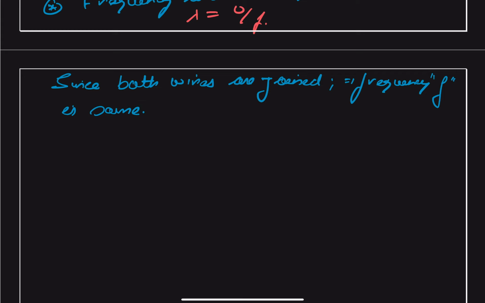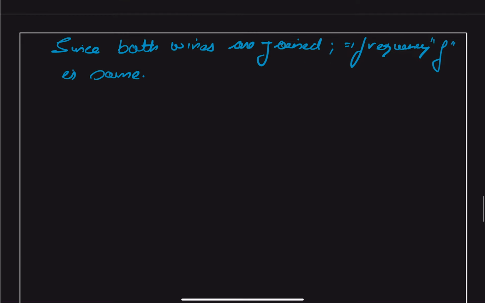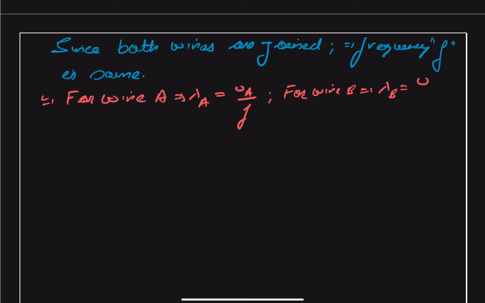So if the frequency is the same, we can easily modify the equation. For wire A we have lambda A is equal to VA upon frequency, and for wire B we can write lambda B is equal to VB upon frequency.